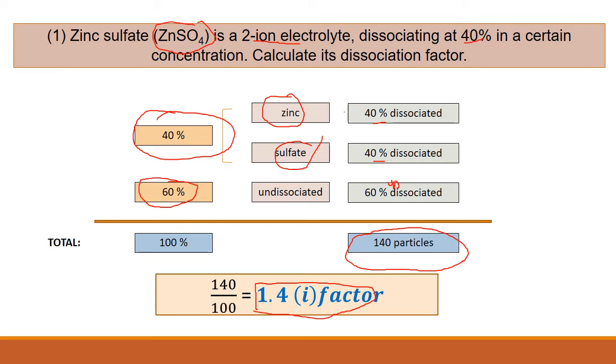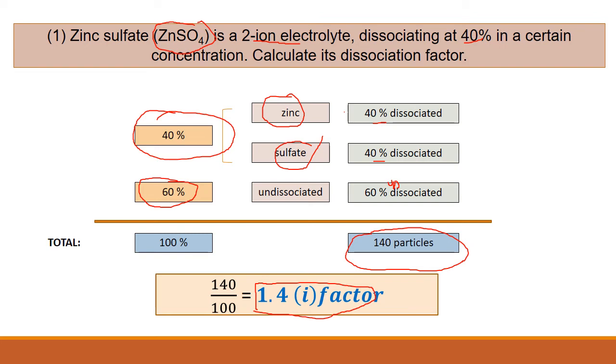Okay, so 40 and 40, but if we are talking about 100%, okay, so 40 only. But if you are going to measure the particles, you have to distribute the 40 to both elements. So you have zinc and the sulfate. So the undissociated, you can already determine the undissociated, those that did not dissociate or separate into two ions.